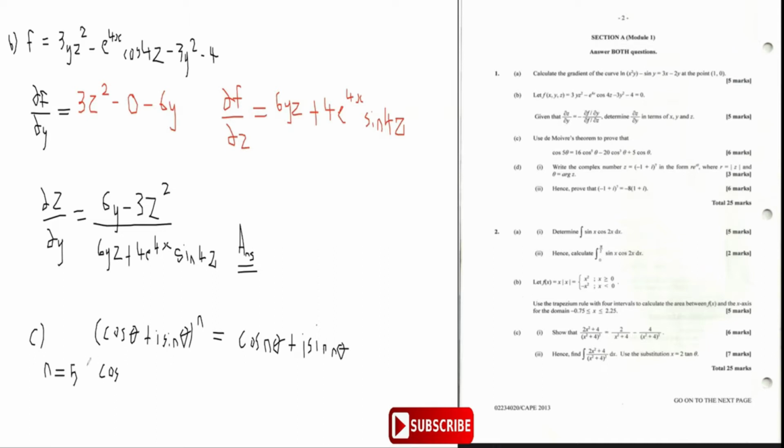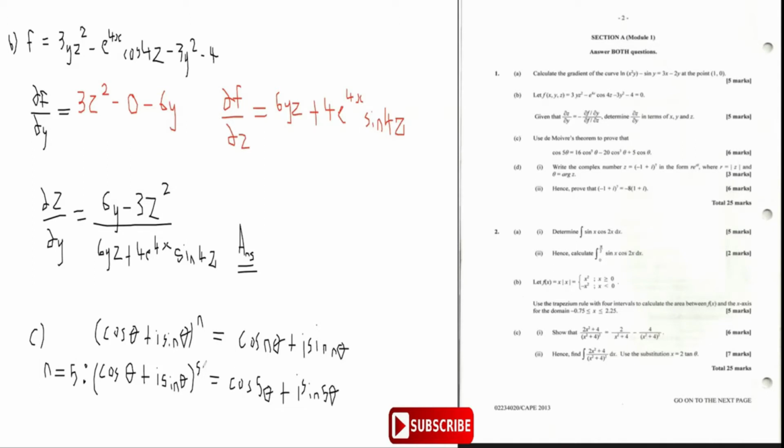If we put n equal to 5, what we're going to get is cos theta plus i sine theta, all of this raised to the 5th power, and that is going to be equal to cos 5 theta plus i sine 5 theta. Nice and easy. That's what we're going to have, okay?